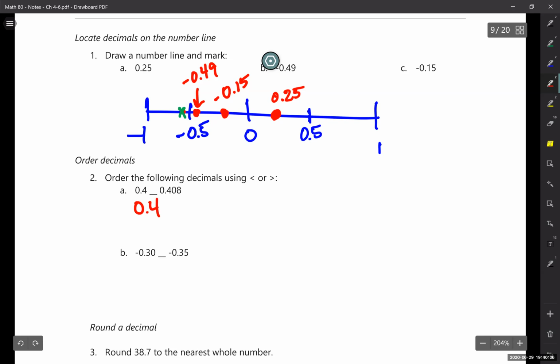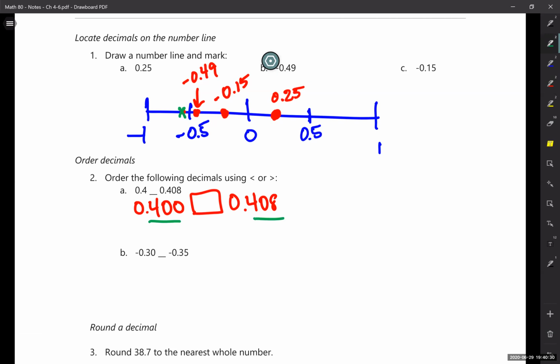So I have 4/10, but I can always add zeros at the end if I'm comparing them. So one way to look at this is I wrote them with the same number of decimal places, and I can compare 400 to 408 to say which is bigger. It's just like that. That'll work every time.